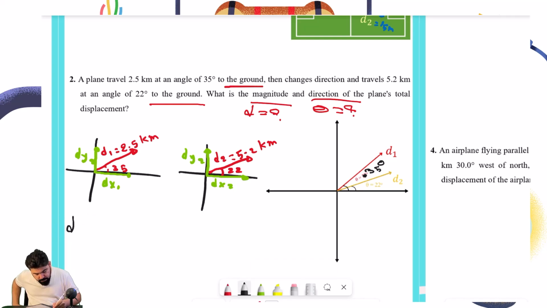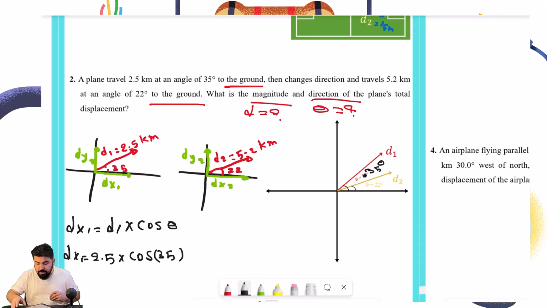We have dx1, which is equal to d1 multiplied by cosine theta. So dx1 is equal to 2.5 multiplied by cosine 35. Let's calculate this. So dx1 is equal to 2 kilometers.